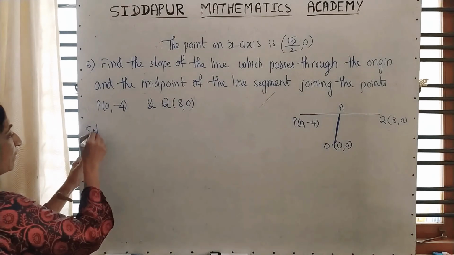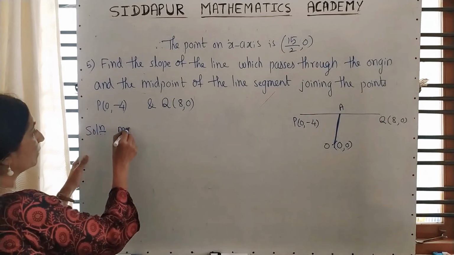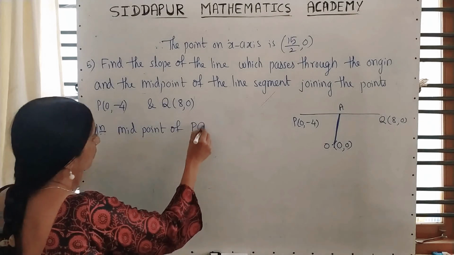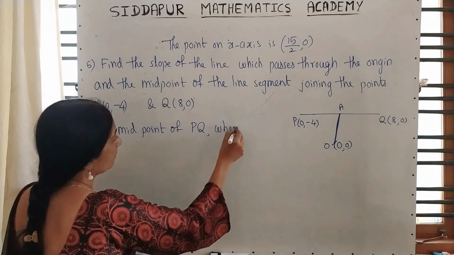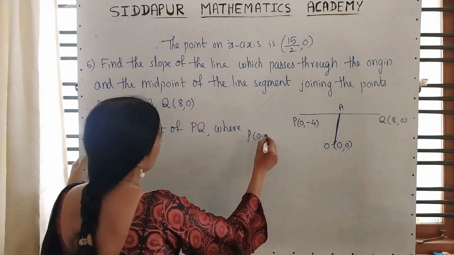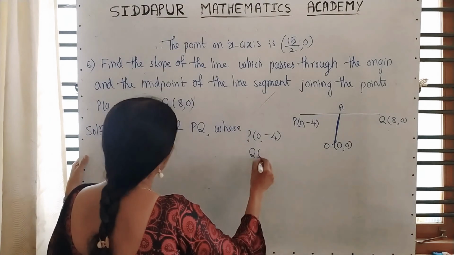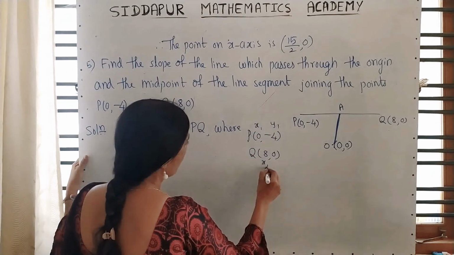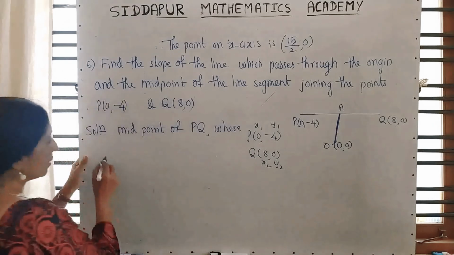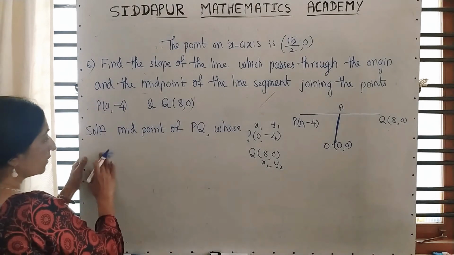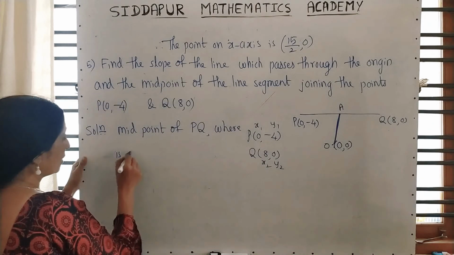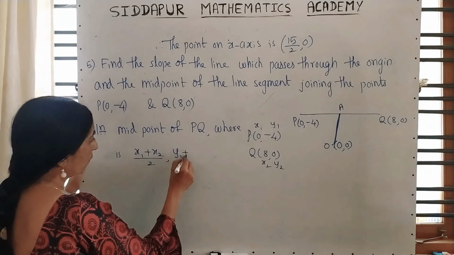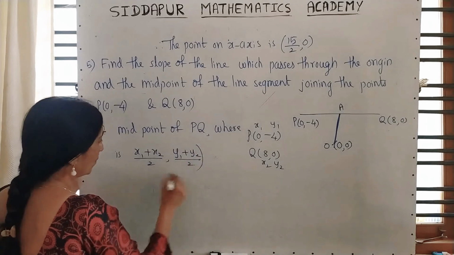So first find the midpoint of PQ, where P is 0, -4 and Q is 8, 0. This I am taking x1, y1, this I am taking x2, y2. What is the midpoint formula? It is x1 plus x2 upon 2, y1 plus y2 upon 2.